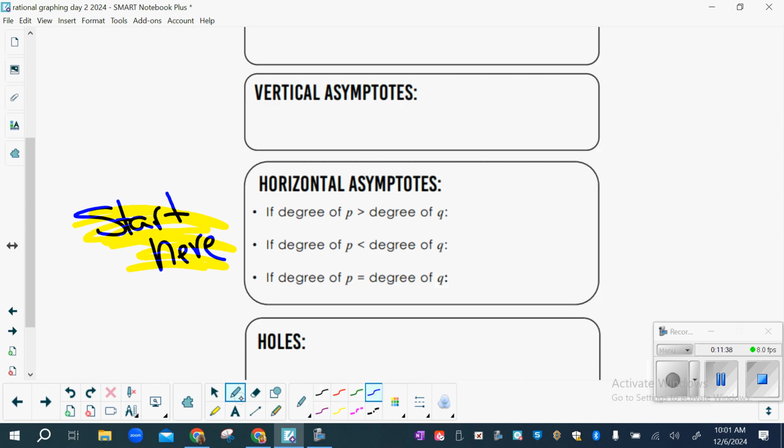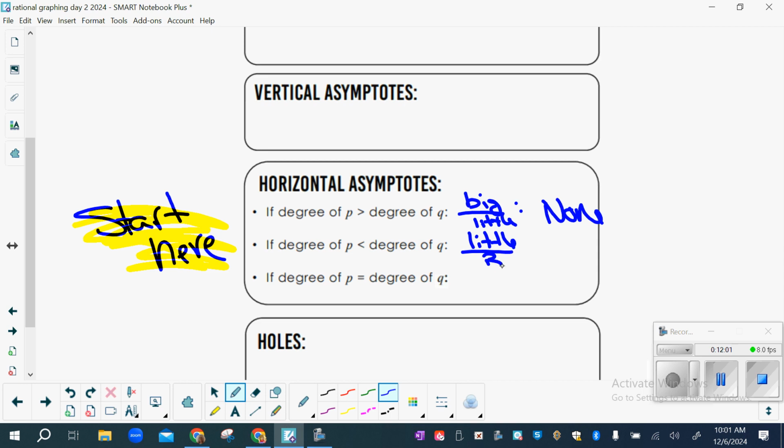And here's a quick rundown of the rules, right? I'm just rewriting the rules for you in my Mrs. Tarantino way. If it's big over little, that is none. If it's little over big, it is careful, not 0, y equals 0.